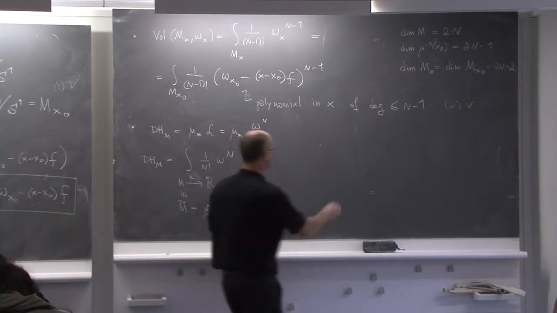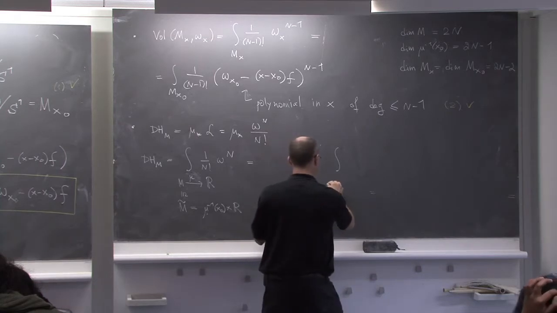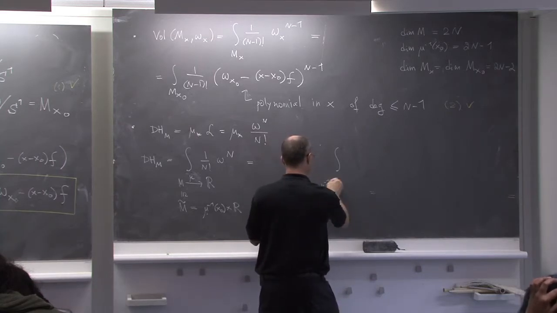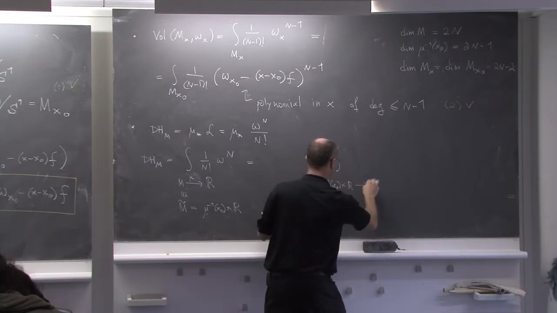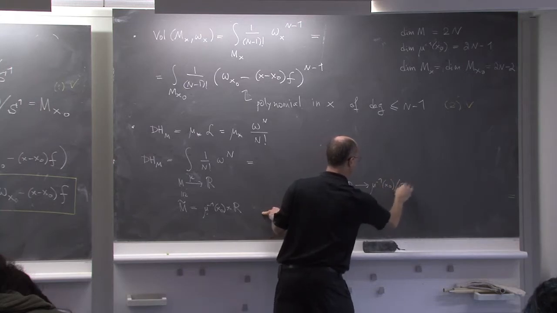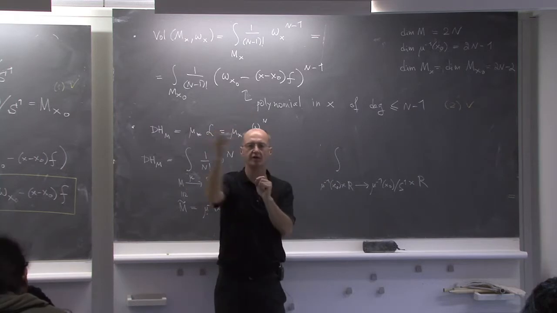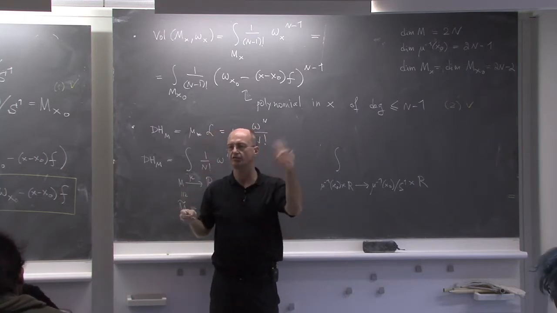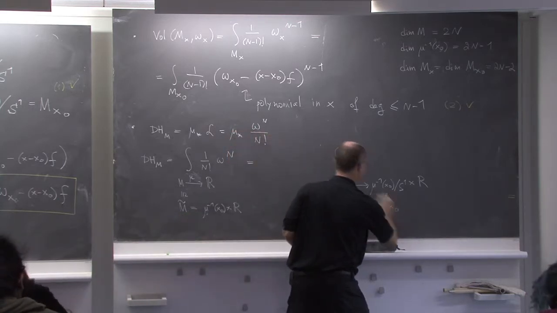So I would like to compute this fiber integral in 2 steps. The first step will be using a map from mu minus 1 x0 times R to mu minus 1 x0 mod S1 times R. In other words, I want to integrate over the fibers of this S1 action. So this is M x0.